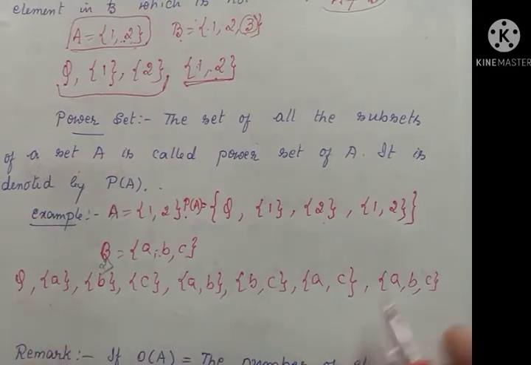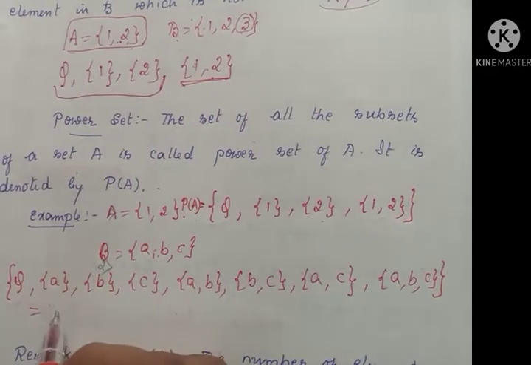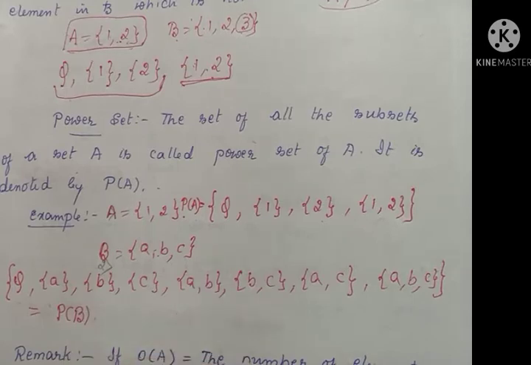So these are all the subsets. Within the curly brackets, this is nothing but the power set of the given set B. Okay, so this is about the power set.